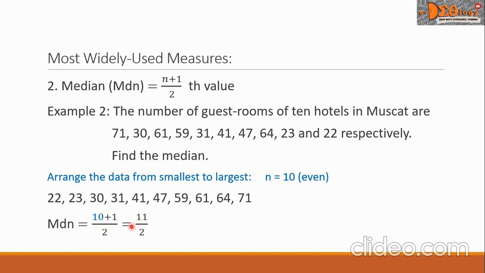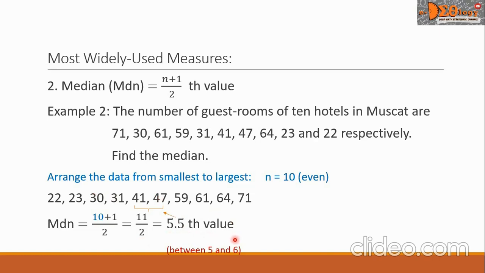And 10 plus 1 is 11 divided by 2, and this is equal to 5.5. And this is the 5.5th value of the ordered data. Take note that this is between 5 and 6.